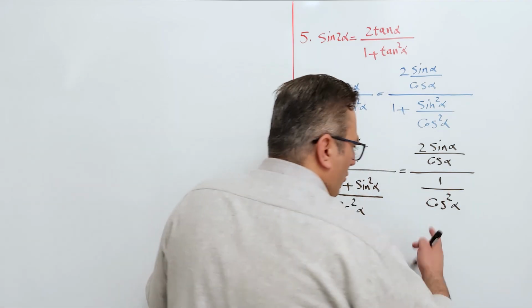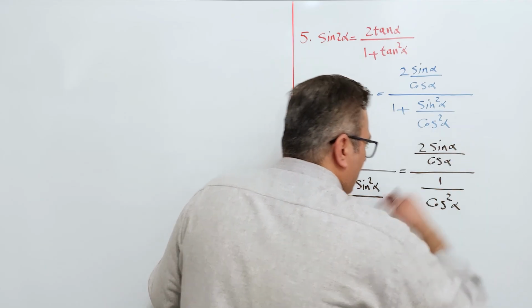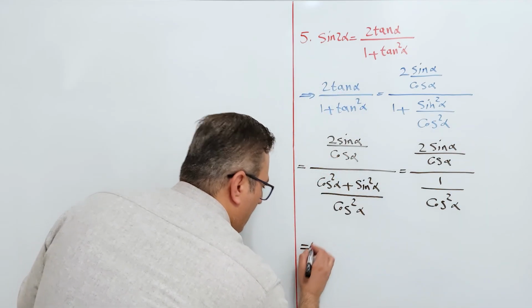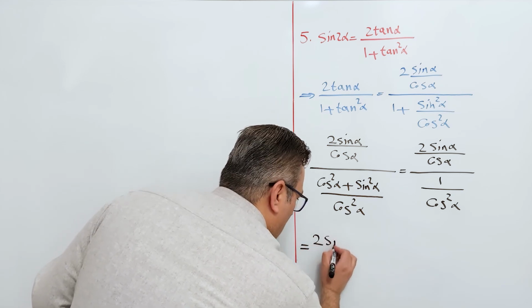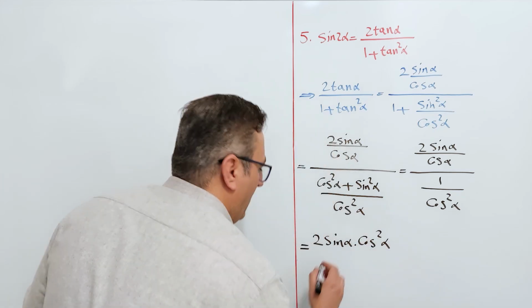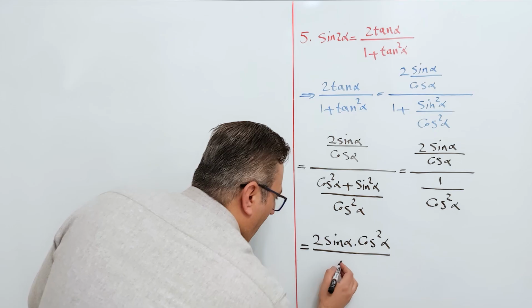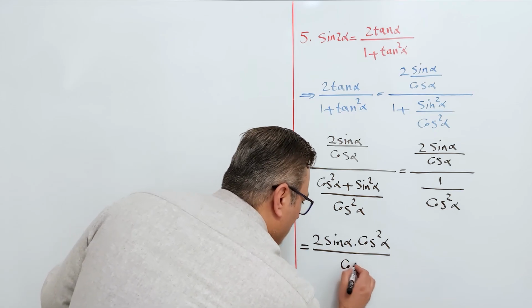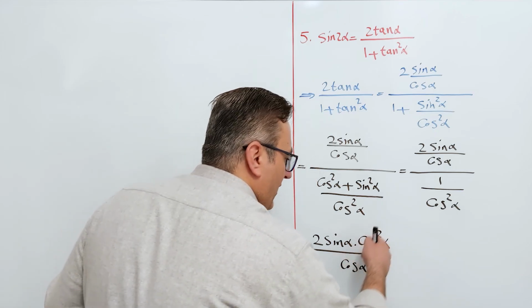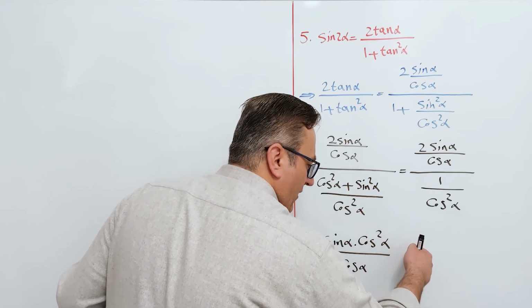And if I multiply far by far and near by near, we have 2 sine alpha times cosine squared alpha divided by cosine alpha times 1. Cosine squared alpha is equal to cosine alpha times cosine alpha.